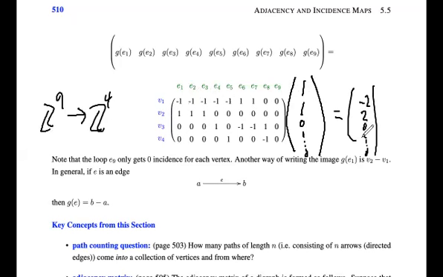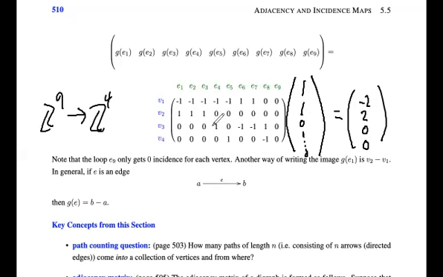Actually, wait a minute, I wrote that wrong, because the image lives in Z4, so it's just 2 zeros going down because there's only 4 vertices to worry about. This column was for edges, this one is for vertices.